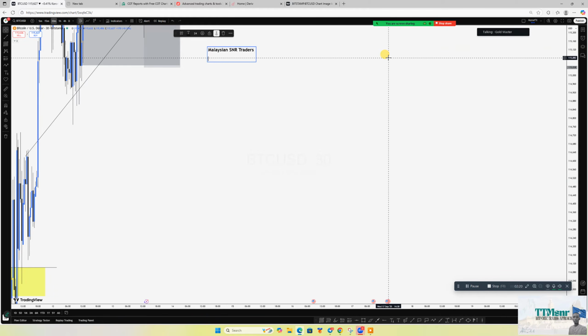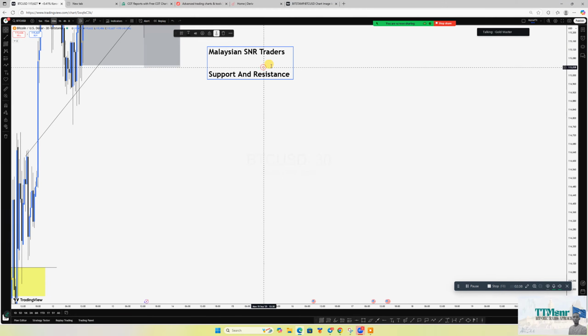So what is SNR? S means support, N means and, R means resistance. If you understand what Malaysian SNR stands for, then we can continue.